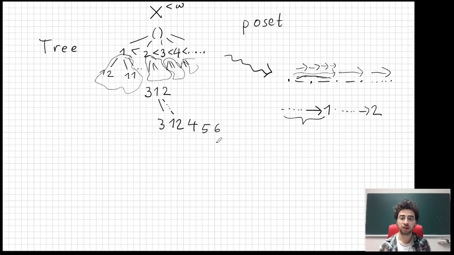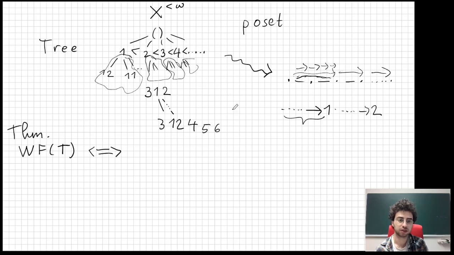So once we are looking at the Kleene-Brouwer order in this way, we can express the following theorem, which is that if a tree is well-founded, any tree, honestly, we don't even have to start with X now. Now we can just think of a tree. It doesn't really matter what it looks like, it's just any tree. If a tree is well-founded, then so is its Kleene-Brouwer order.